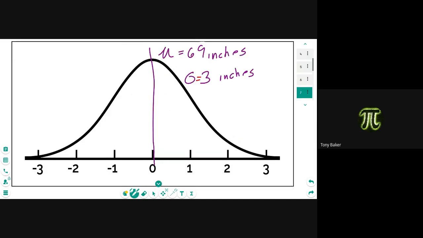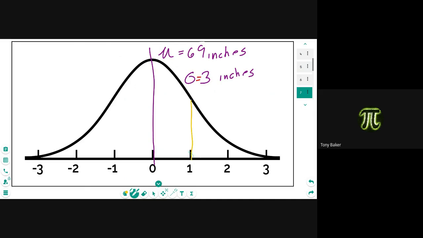All right, so let's look at an actual real life situation. The average man in the United States is 5'9", which is 69 inches, with a standard deviation of 3 inches. Okay, so the mean right down the middle, that's my 69, correct?